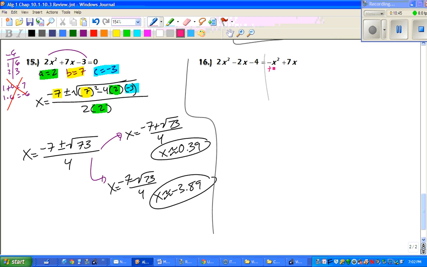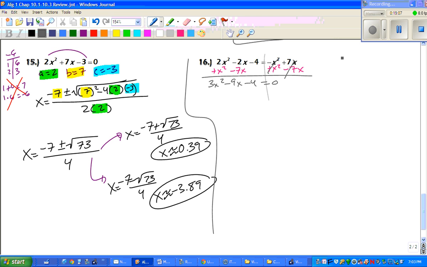Last one. Let's go ahead and add the x squared and subtract the 7x. Those cancel. 3x squared minus 9x minus 4 equals 0.